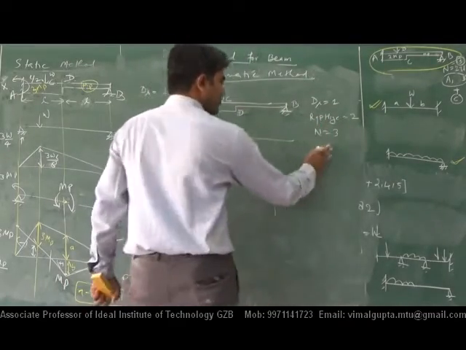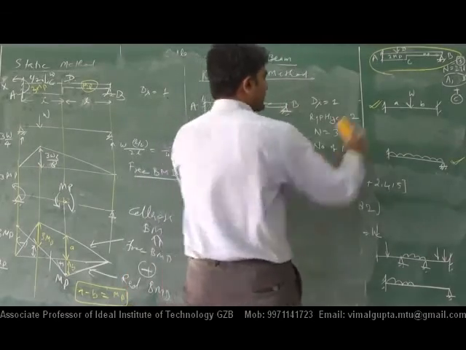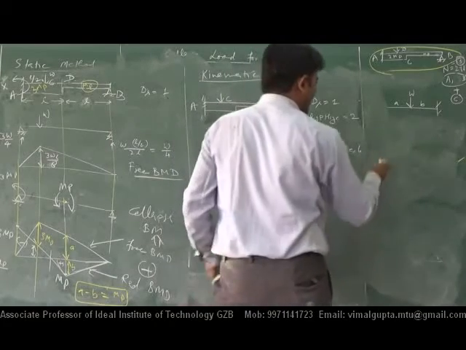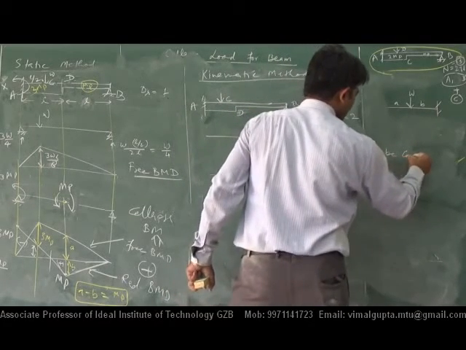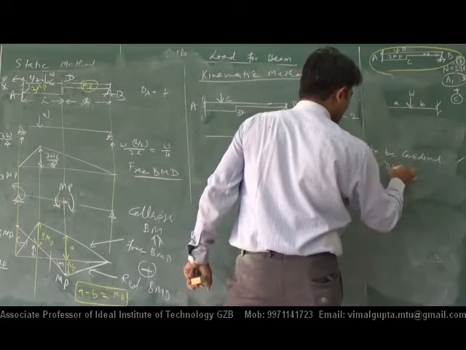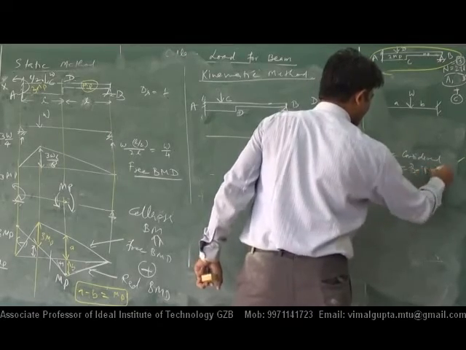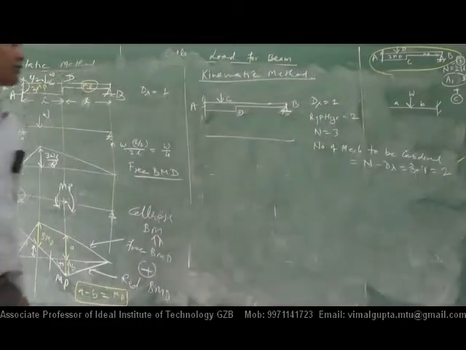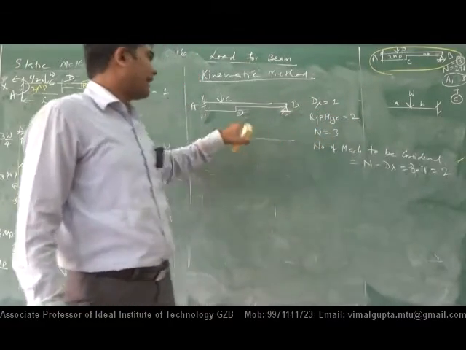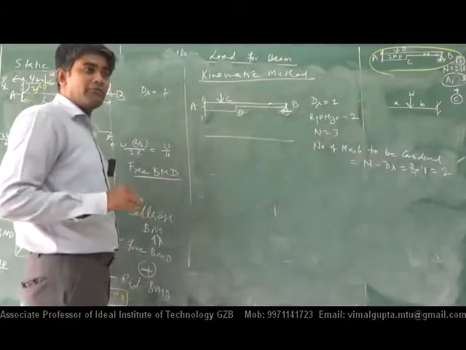It will be 3. So the number of mechanisms to be considered is capital N minus DS, so it is 3 minus 1, that is 2. Required plastic hinge is 2, but the allowable number of plastic hinges is 3. Therefore, we will have 2 mechanisms.